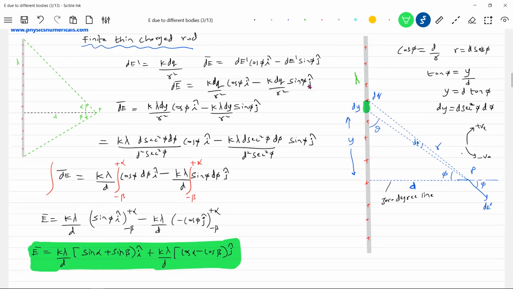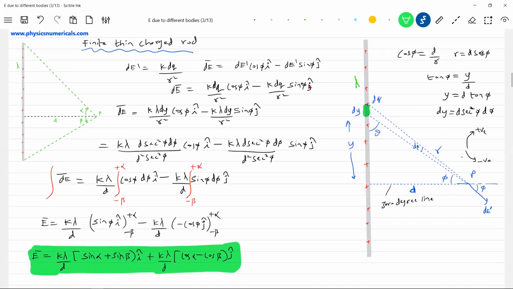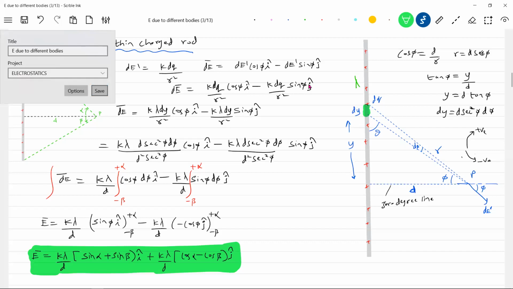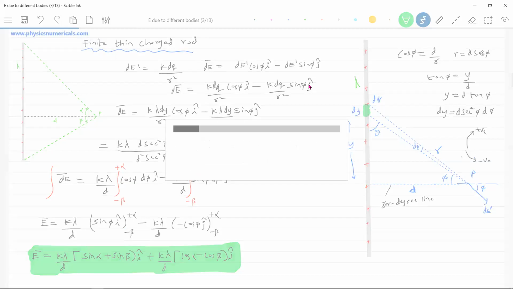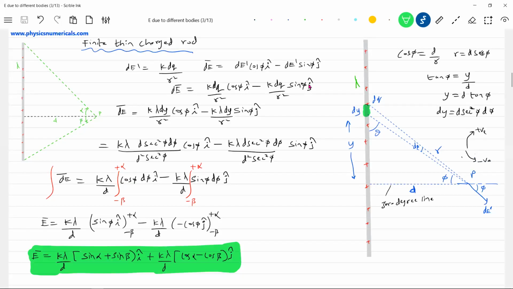Once the total description is in one place, for different numericals I'm going to substitute alpha and beta with different signs. Completed. Okay, let's go on.